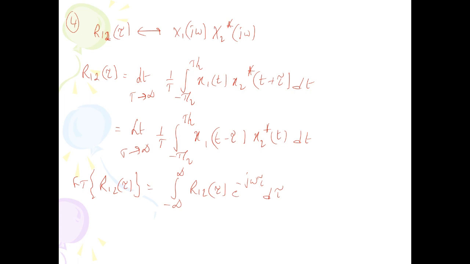Substitute R12 of tau in this equation: integral minus infinity to plus infinity, limit T tends to infinity 1 by T integral minus T by 2 to T by 2 x1 of t minus tau into x2 star of t dt, and e power minus j omega tau d tau.